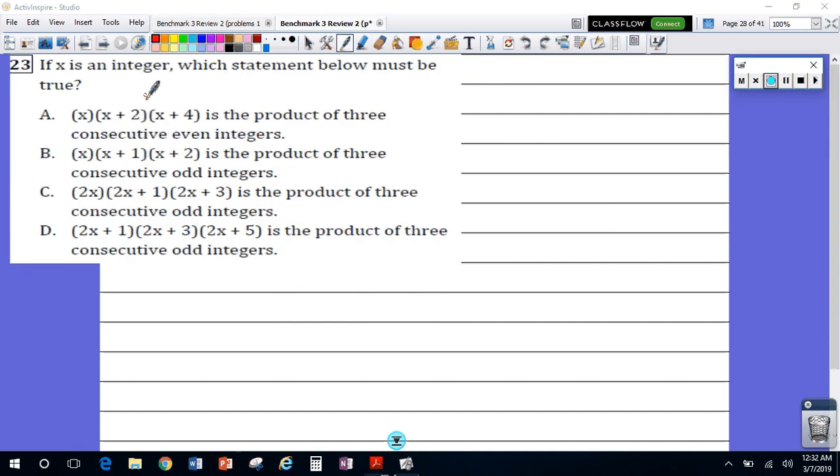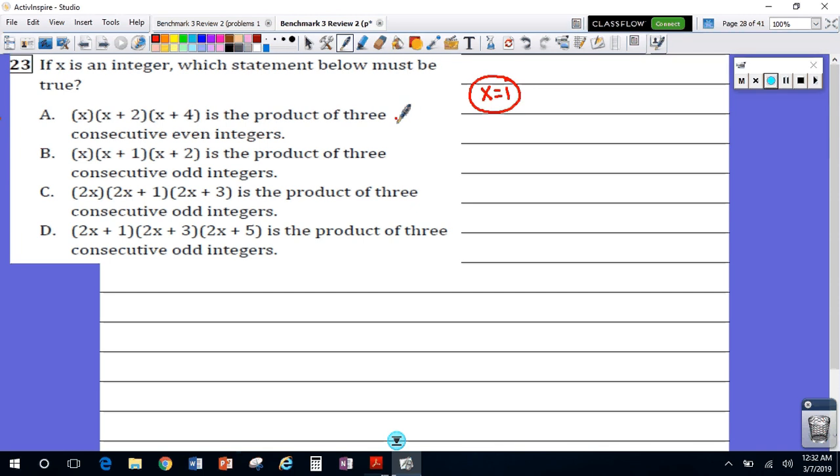Okay, problem number 23. If x is an integer, which statement below must be true? So to find out which option is right, x is an integer, it says, right? So for any integer, this statement must be true. Let us try with x equals 1.